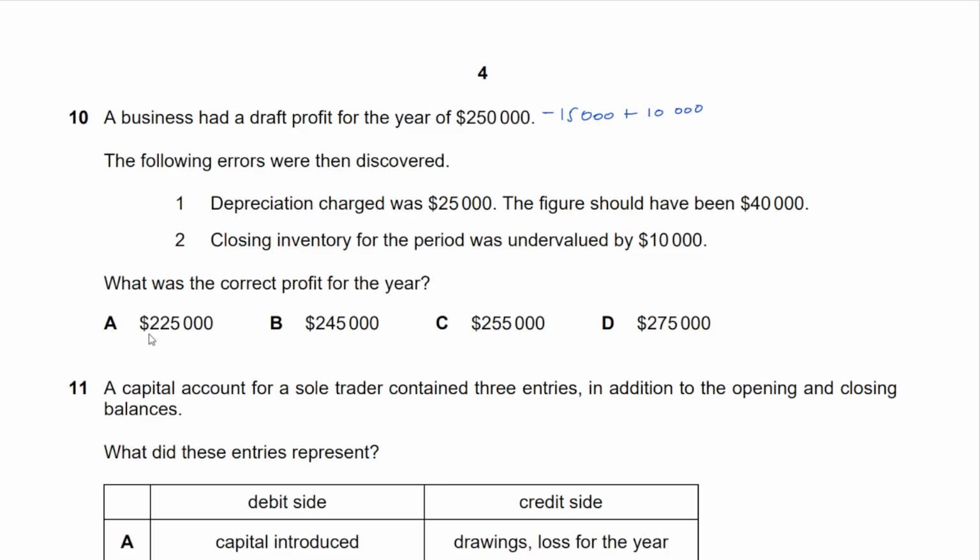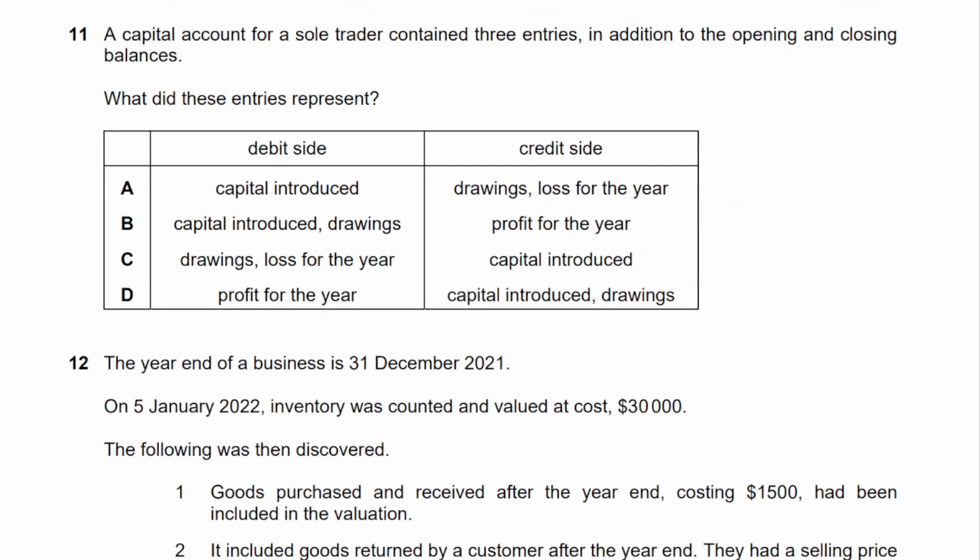What? 250. Oh, sorry, I made a mistake in my calculator. Instead of 15, I put 12. All right, 245. Option B. Let's move on. Number 11. A capital account for a sole trader contained 3 entries in addition to the opening and closing balances.